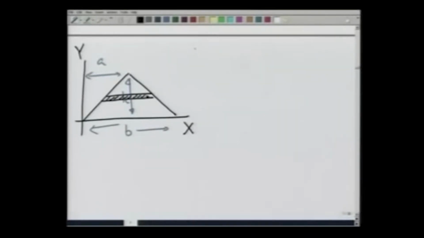Recall that y c is equal to m x divided by the area, which is integration y dA divided by the area. So, at a height y, I take this small strip, multiplied by y, and then calculate the area.